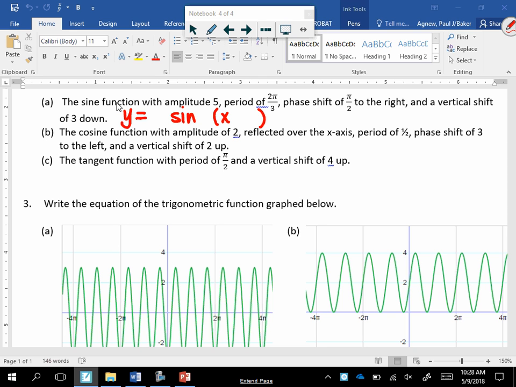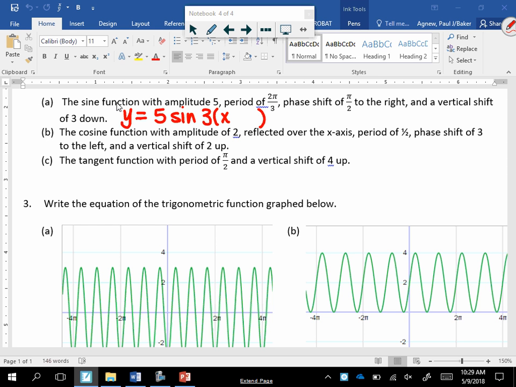Well, we're told that it's an amplitude of 5, so where does that go? Right. We're told that there's a period of 2 pi over 3. What does that mean? It means b is 3, right? And remember the way that it was written, that b value is in front of the parentheses. So it's going to be the sine of 3 parentheses, and then x with the phase shift attached.